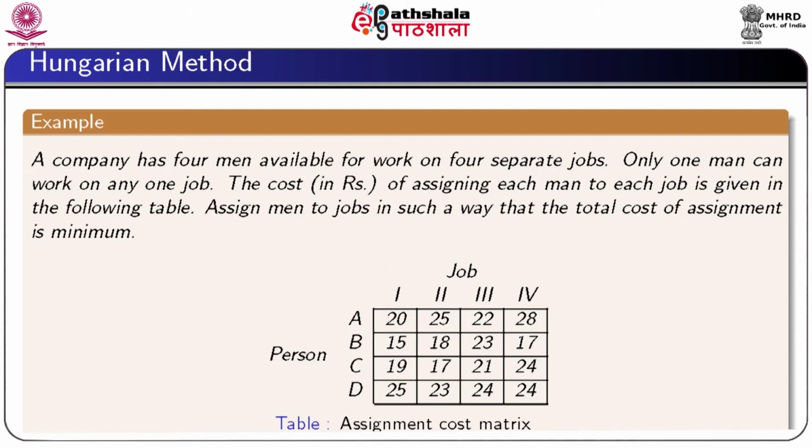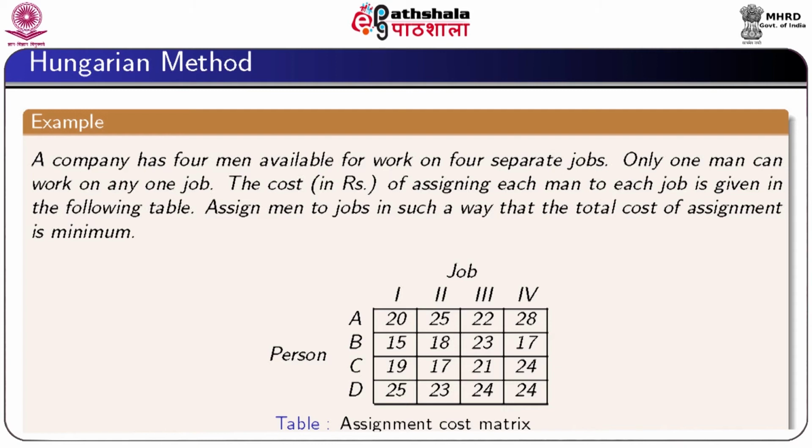Following the steps of the algorithm provided in the Hungarian method, we subtract the minimum element of each row from the respective elements of that row. Here, in the first row, the minimum element is 20. So, we subtract 20 from all the elements of the first row.